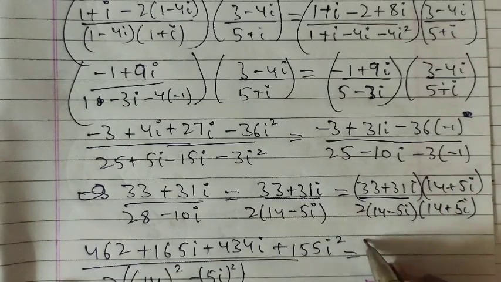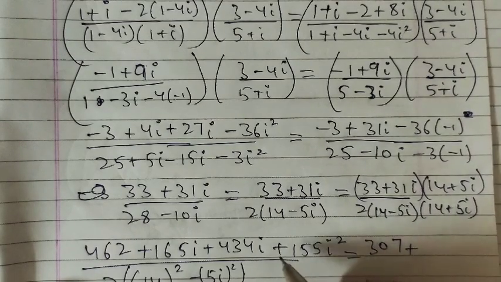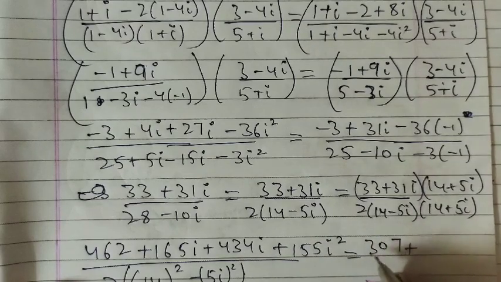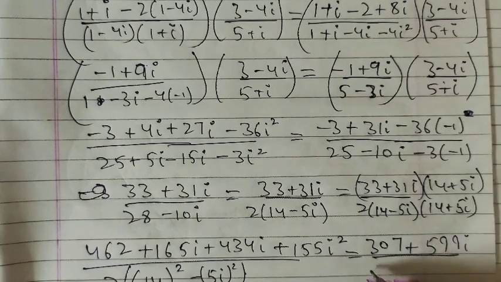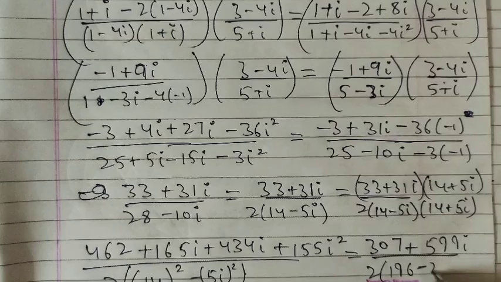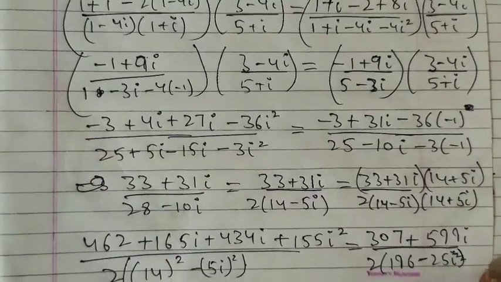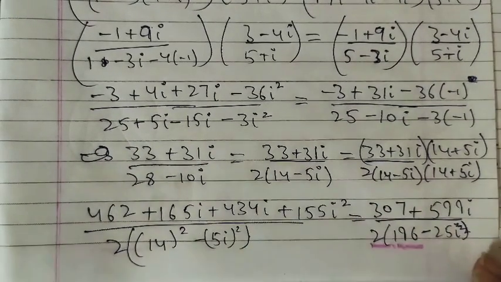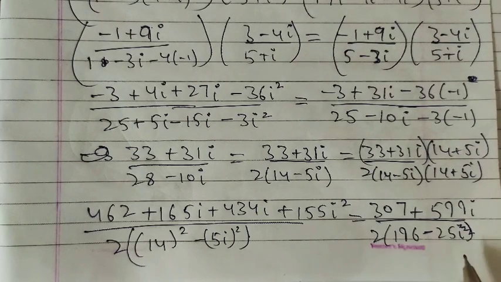So this will be equal to 307 plus, now i squared is minus 1, so minus 155, 462 minus 155 is 307, plus 599i divided by 2 times (196 minus 25i squared), right. So i squared is again minus 1, so 25 multiply minus 1 is minus 25, multiply minus 1 is plus 25, so 196 plus 25 is 221, 221 multiply 2 is 442.